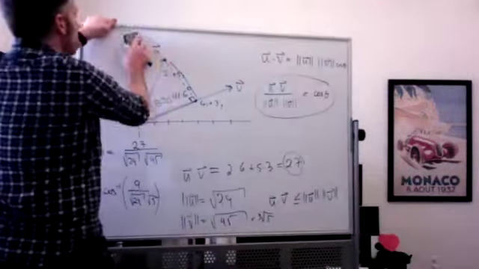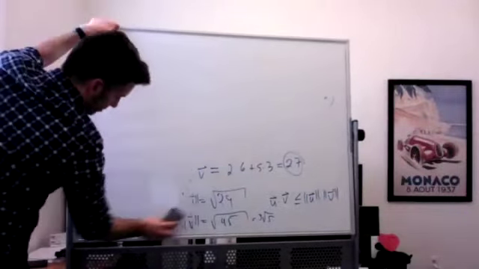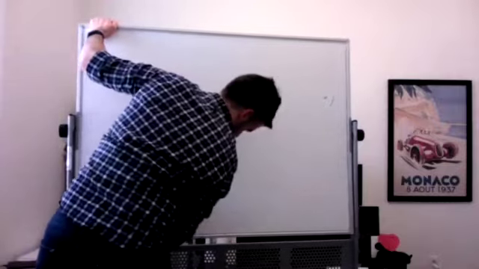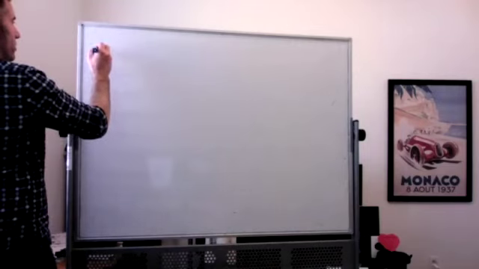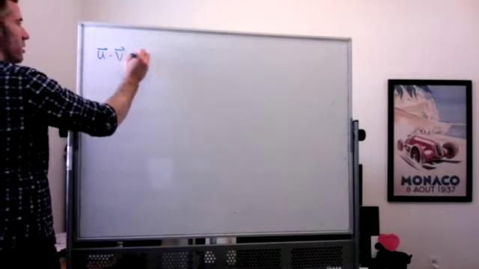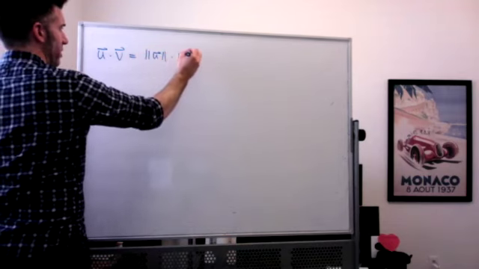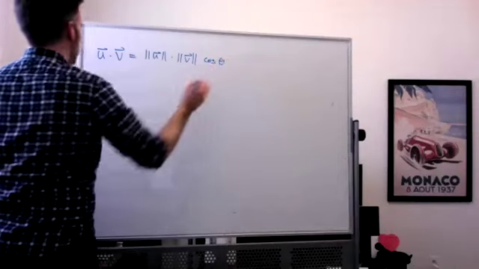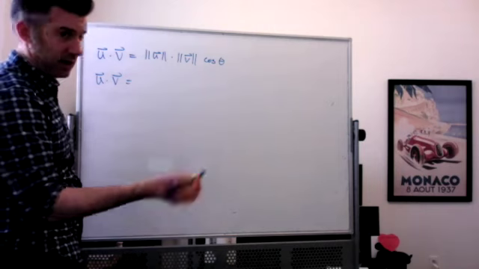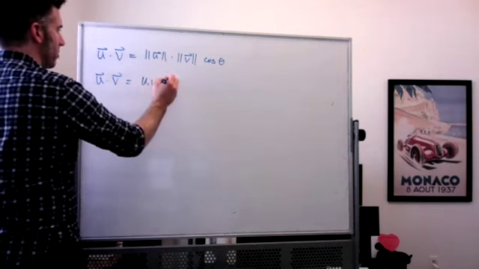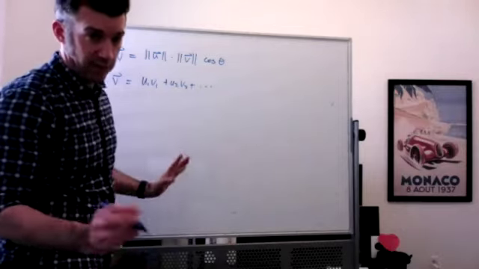So, things to know about the dot product so far. Maybe three things so far. U dot V, you can either calculate as the magnitude of U times the magnitude of V times cosine of the angle between them, or you can calculate it as the components multiplied together and added up: U1 V1 plus U2 V2 plus, whatever number of components you have.